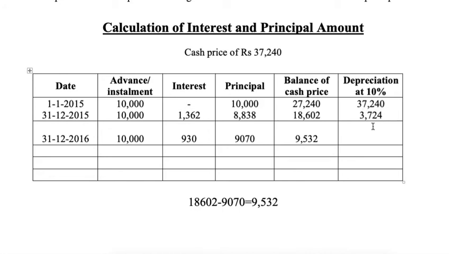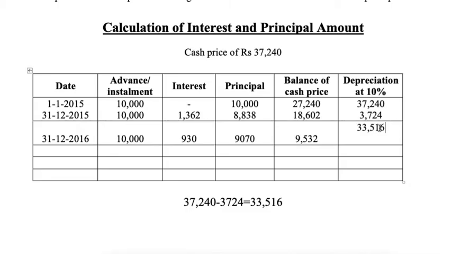So we are going to get the actual value of the asset at the end of the year. 37,240 minus 3,724, we are going to get how much? 33,516. So this is the value of the asset at the end of year one, because we have to calculate depreciation here on the reducing balance method, right?